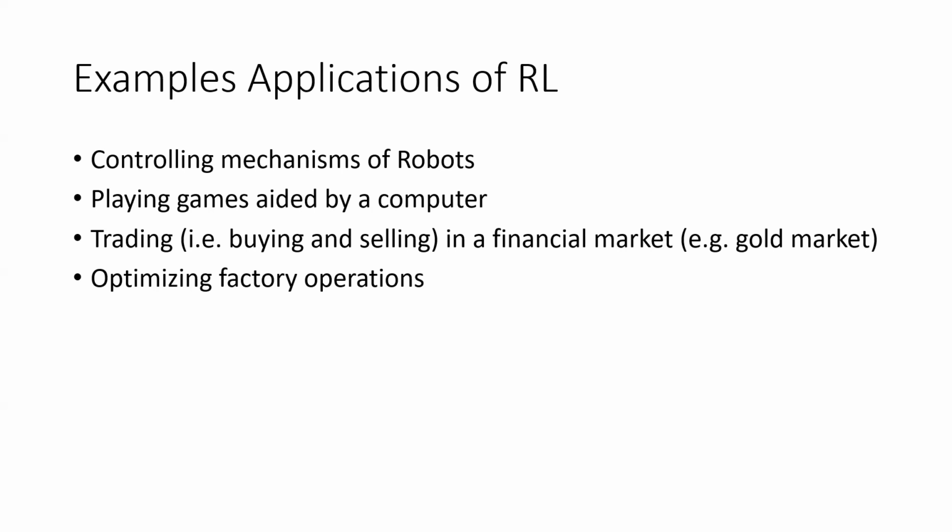The other application is computer games, right? If you want to automate how to play a certain game on the computer, in the upcoming future most of the sports will be online or virtual games.